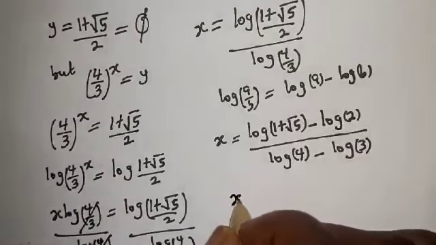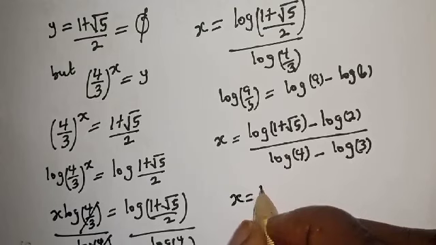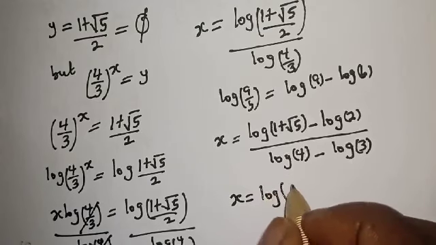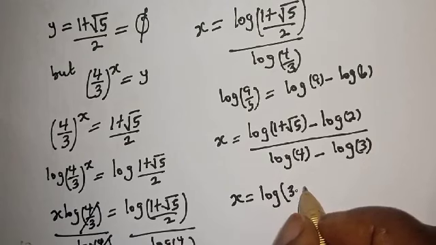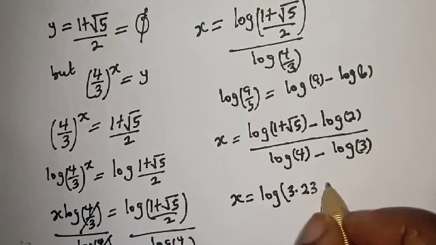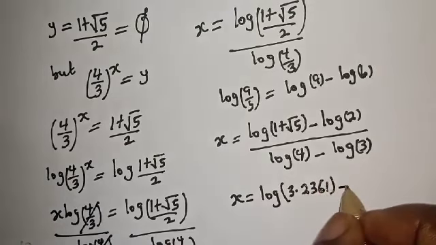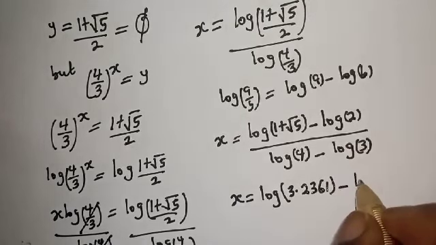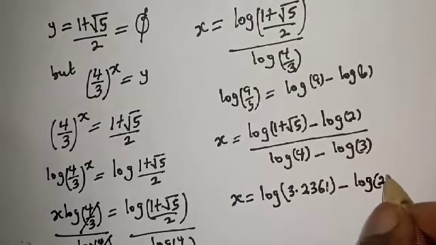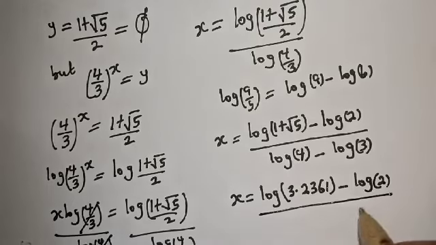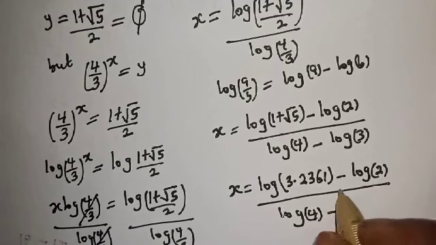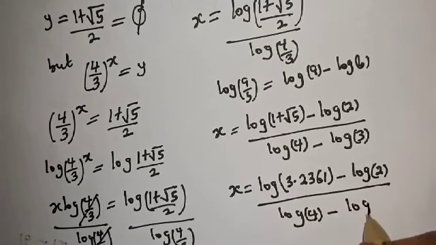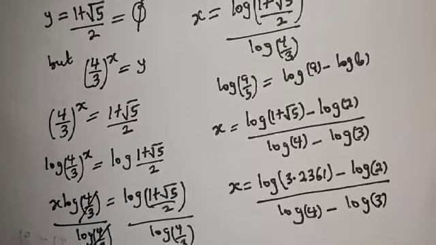And x is equal to log 3.2361 minus log 2 divided by log 4 minus log 3.